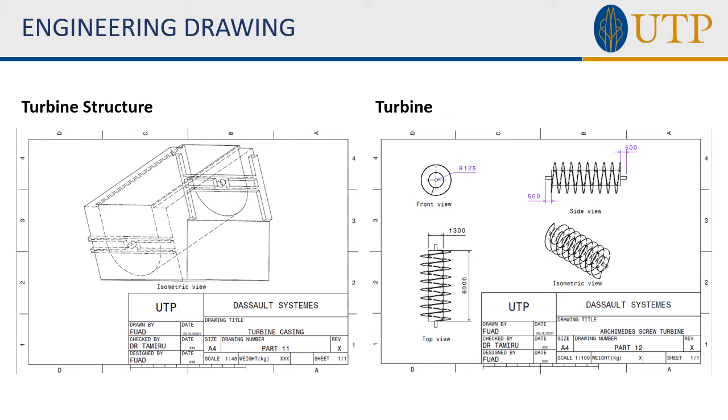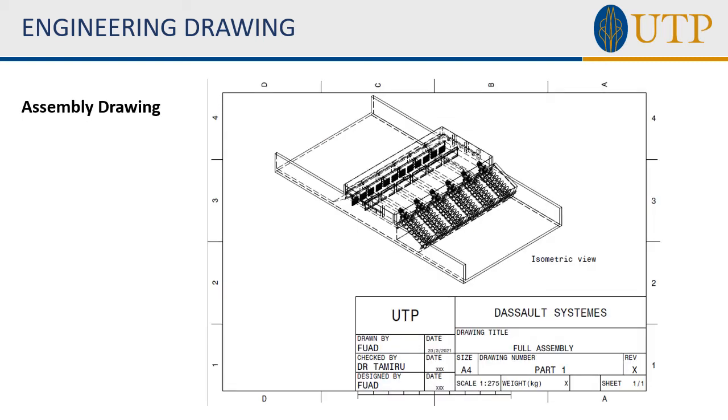Here we can see from the specification that the platform angle will be 22 degrees and also the number of turbine buckets is 8, the total bladed length is 6 meters, and the diameter is 2.6 meters. And lastly, for our drawings is the assembly drawing, where we assemble all of our component drawings into one drawing.